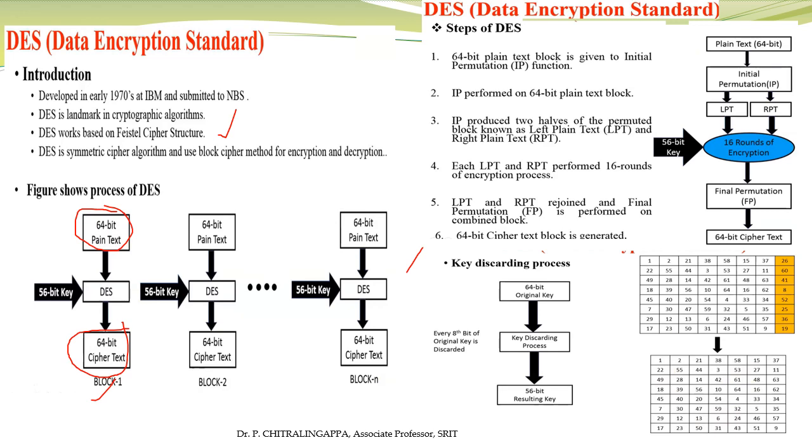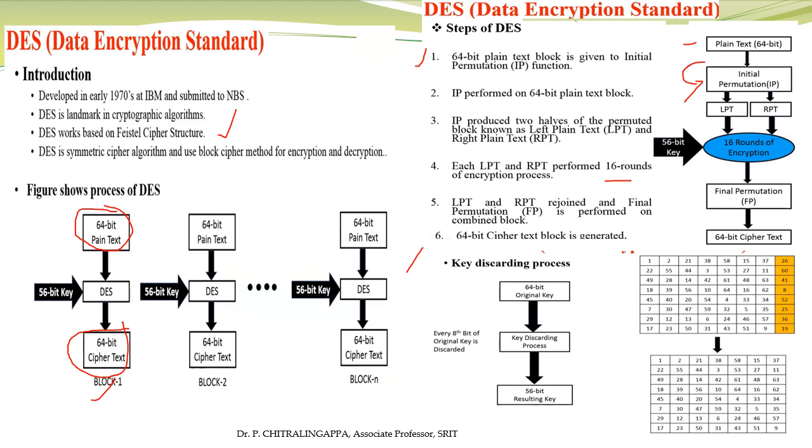So these are the steps of DES. The 64-bit plain text is given to the initial permutation. After the initial permutation, we divide it into two portions, left plain text and right plain text, of equal size, and each of the left and right plain text goes through 16 rounds of the encryption process.